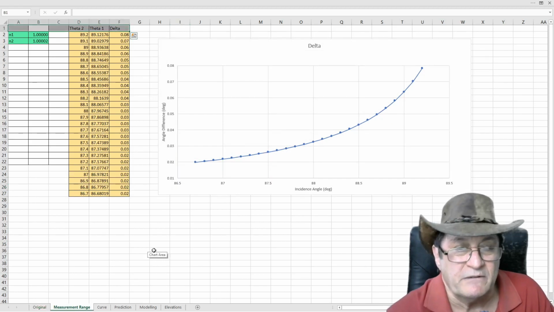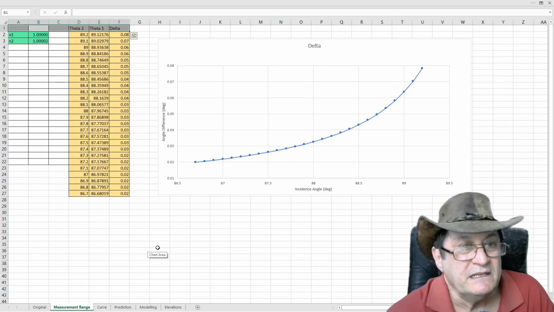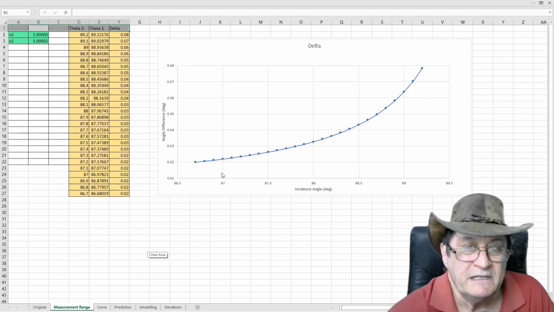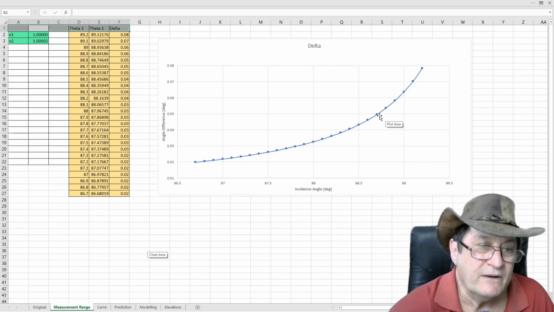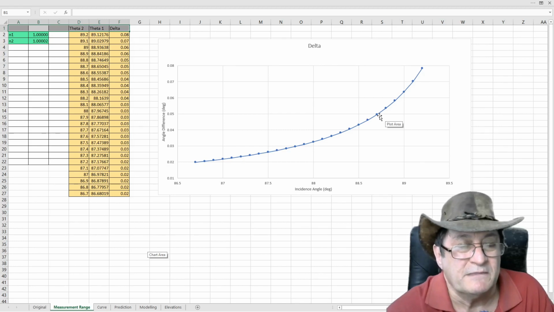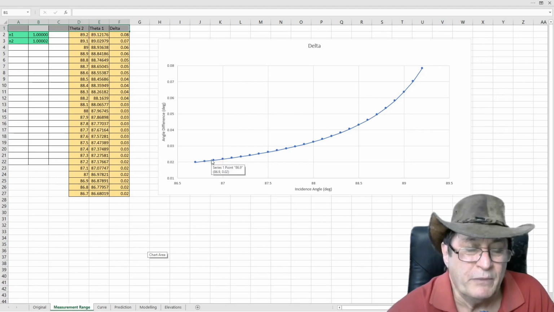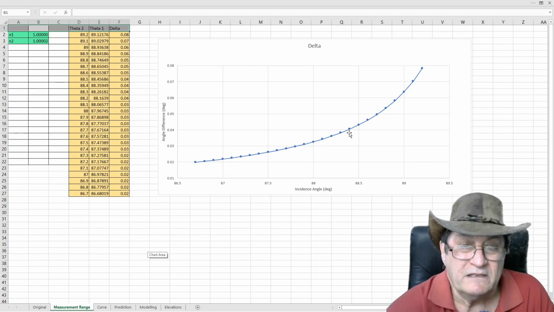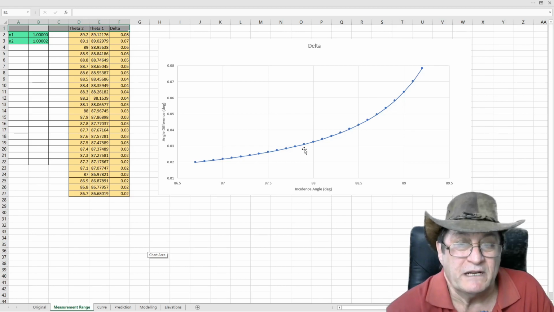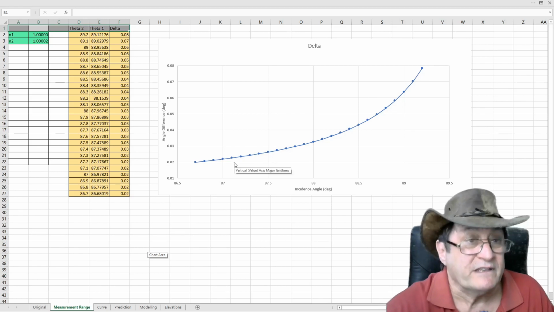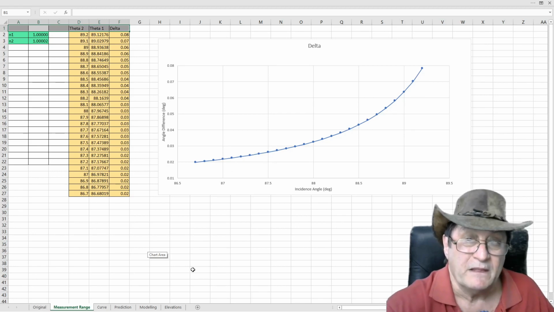This is the measurement range, and you can see that in his measurement range the change isn't so dramatic, even though, like I said, the delta measurement isn't really all that relevant. But you can see that even in his measurement range, all of a sudden we've got a flattening of the curve there already.